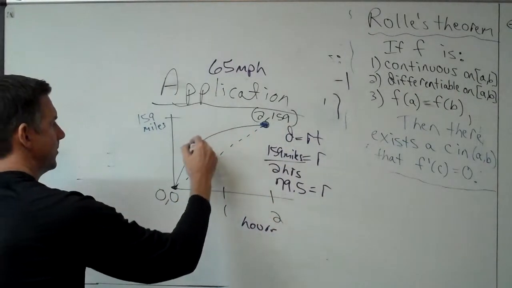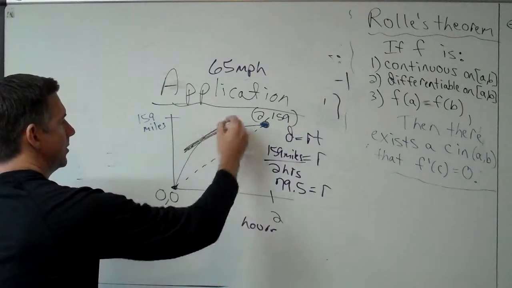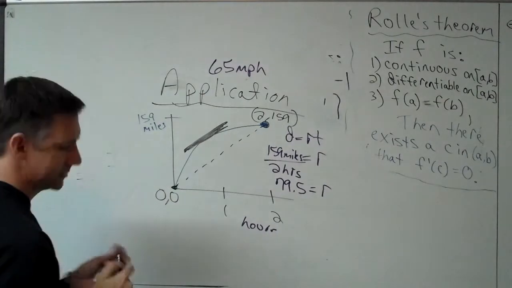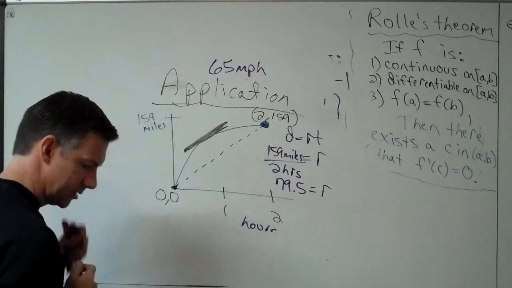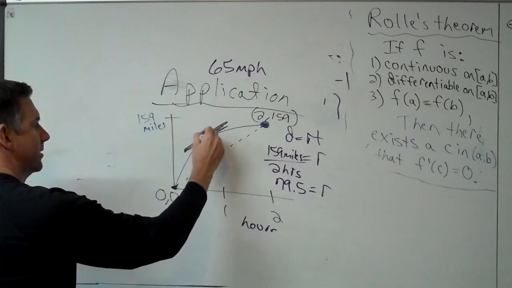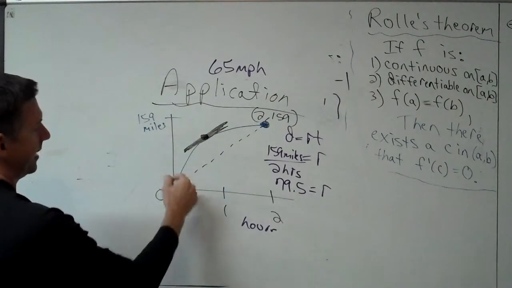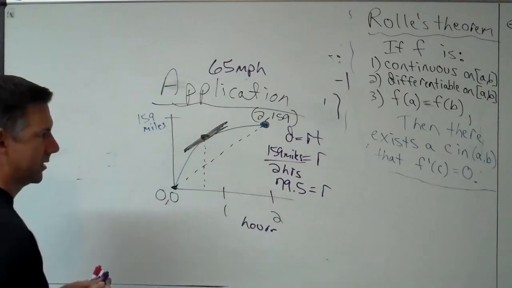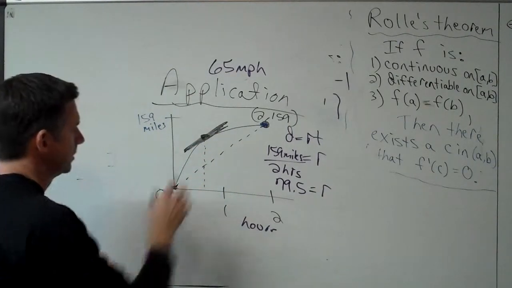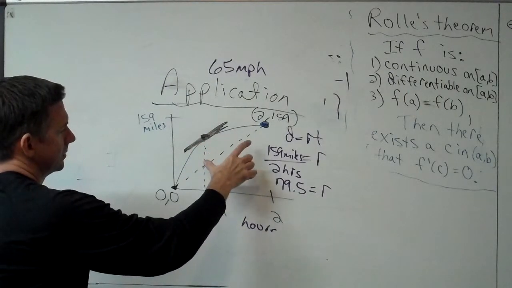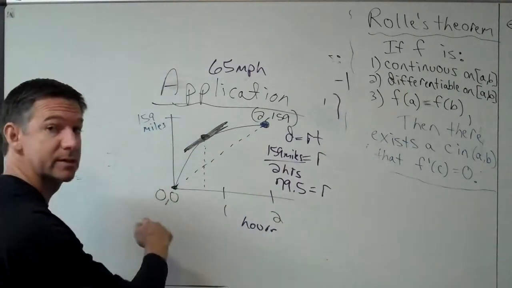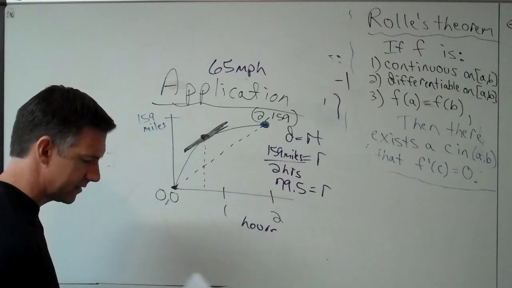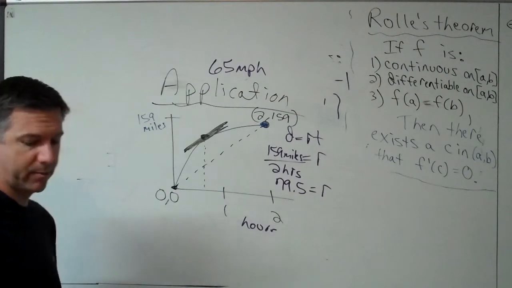Well, there has to be some spot on here where the slope of the tangent line equals the same as that, and that right there would be his instantaneous velocity. So they know at some point he must have actually been going 79.5. So according to this graph, this would be the spot right here where he was actually going that exact same speed. So instantaneous velocity, remember, the slope of the secant line is average velocity. So it's a good application. So I think that will help a little bit doing some of the problems.